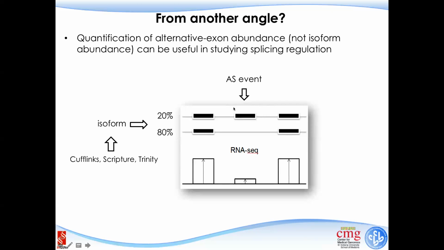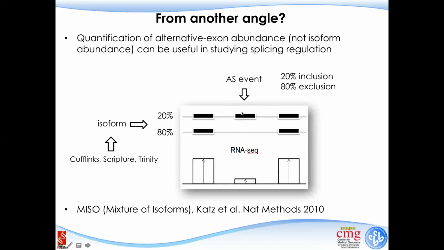What we need to infer is how much of this alternative event is happening there, like 20% inclusion and 80% exclusion. So there is a method named MISO to solve this case.